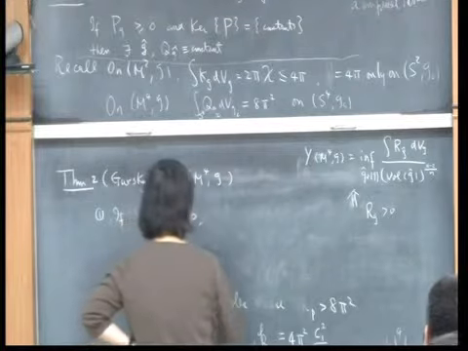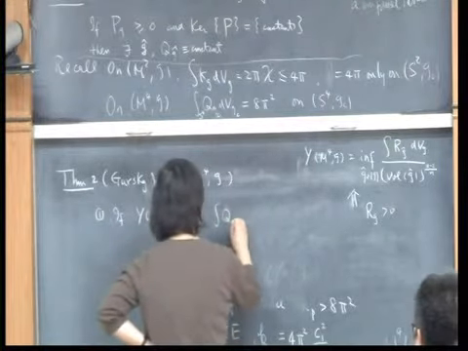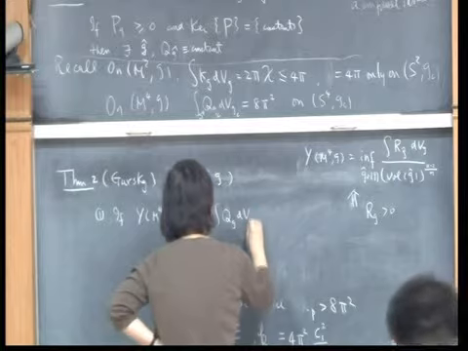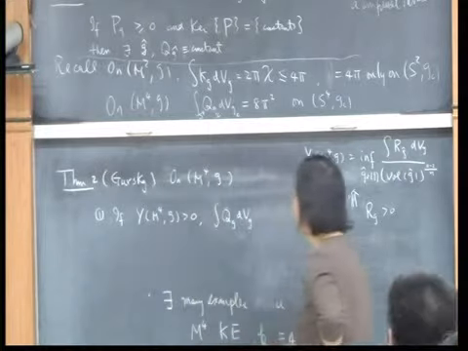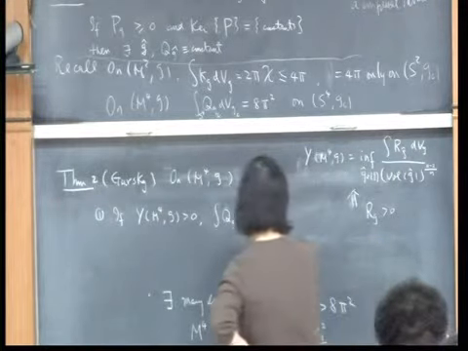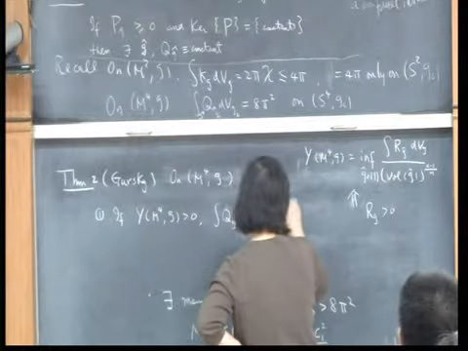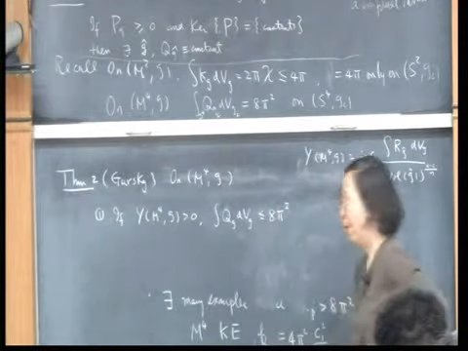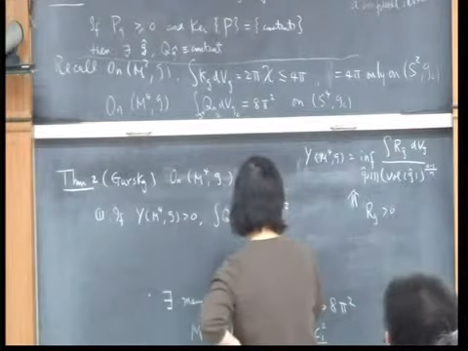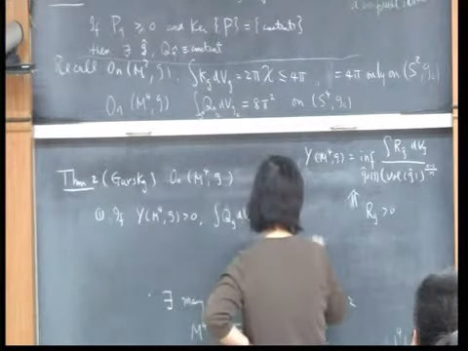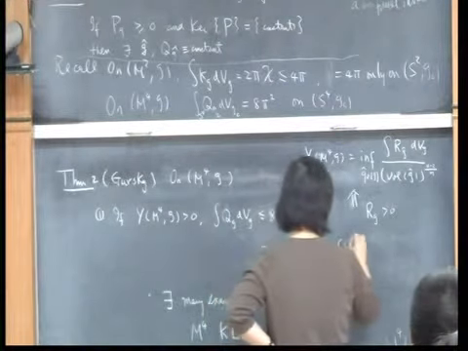And Gursky's observation is a simple one, but it's going to be useful. Then he said that this constant, this invariant, is already less than or equal to 4 pi squared, and equal to 4 pi squared only in the canonical case.